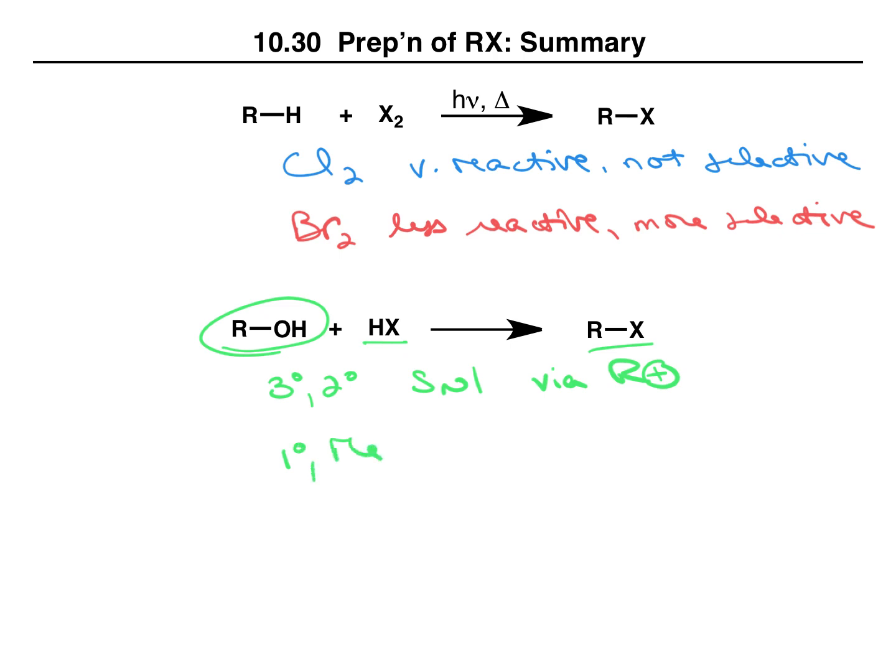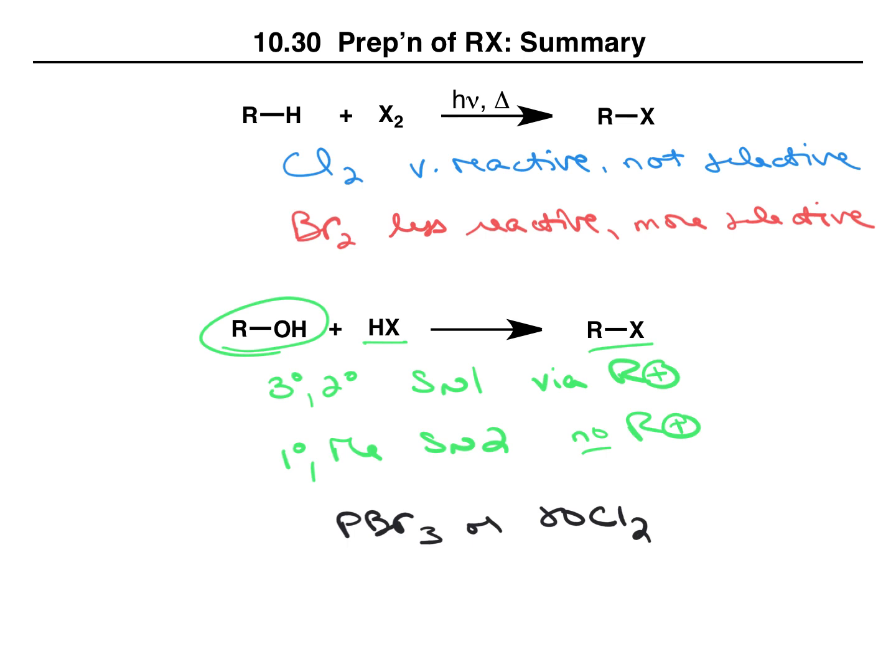Primary and methyl alcohols will undergo the SN2 mechanism, where there is no carbocation. We also want to remember the alternatives, which would be to use phosphorus tribromide to make alkyl bromides or thionyl chloride to make alkyl chlorides.